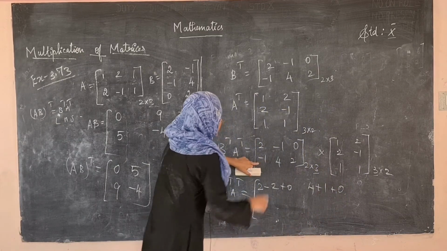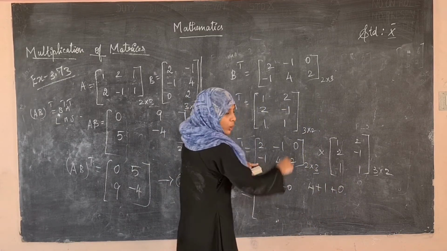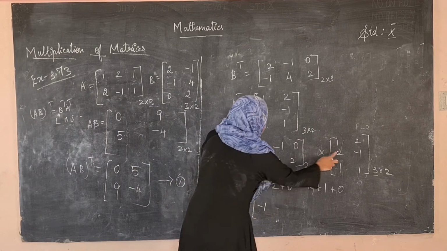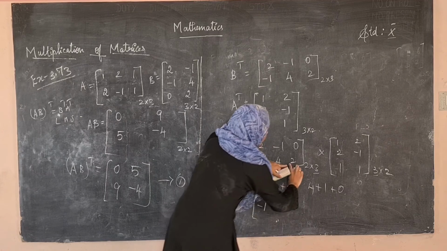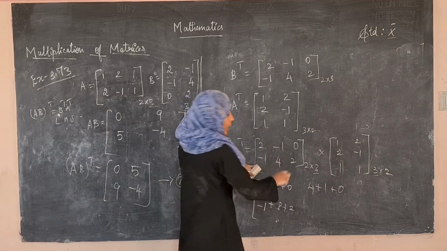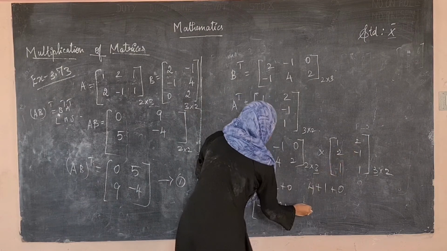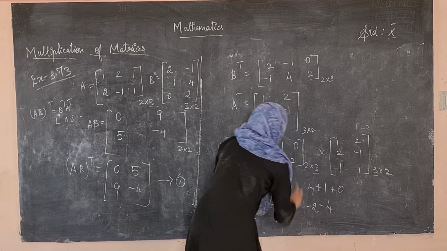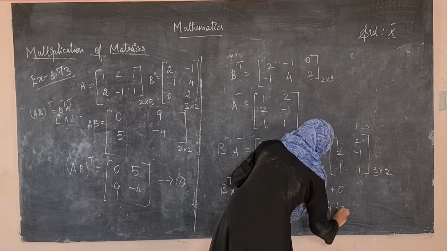And here, A21, second row and first column: minus 1 into 1 is minus 1, 4 into 2 is 8, 2 into 1 is plus 2. And again, A22, second row and second column: minus 1 into 2 is minus 2, 4 into minus 1 is minus 4, 2 into 1 is 2.